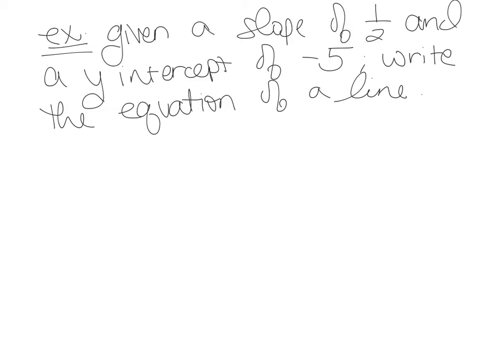So go ahead and pause this video once you get this copied down and try to solve this one on your own, and then we'll bring it back together and we'll go over the answer.